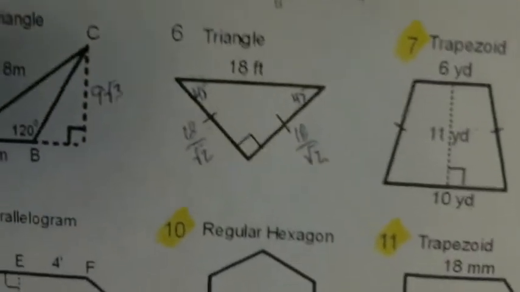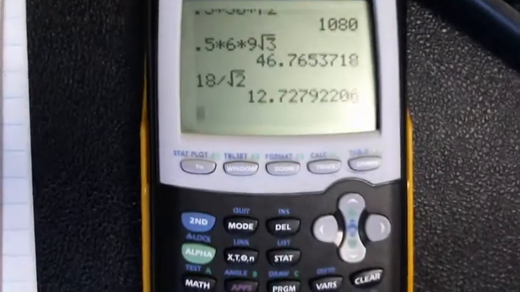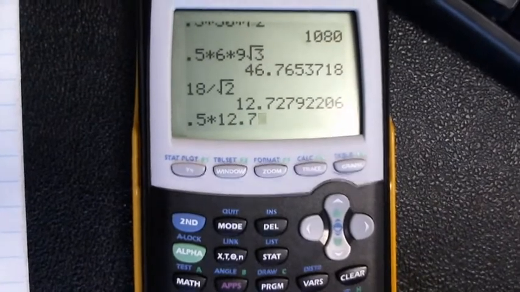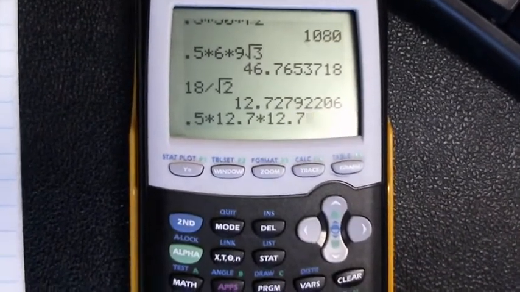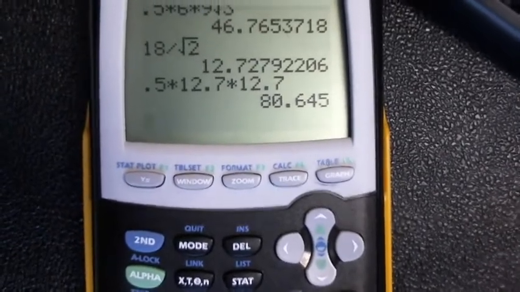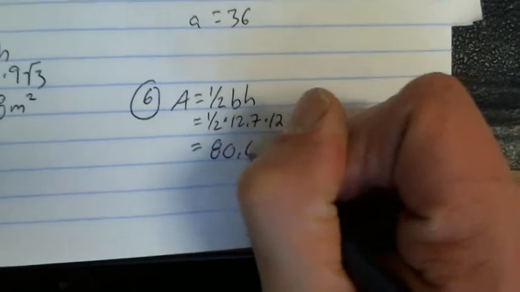Base and height were equal. 1/2 base times height. 1/2 times 12.7 times 12.7 is 80.645, about 80.6. Started off in feet. That's going to be 80.6 square feet.